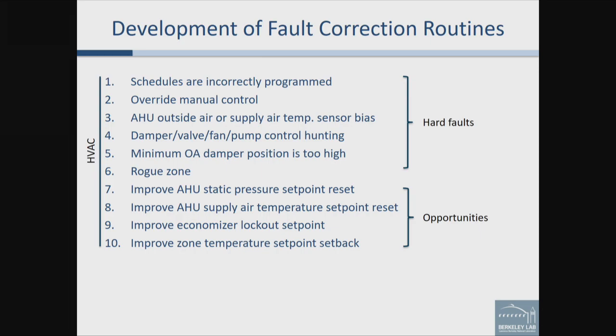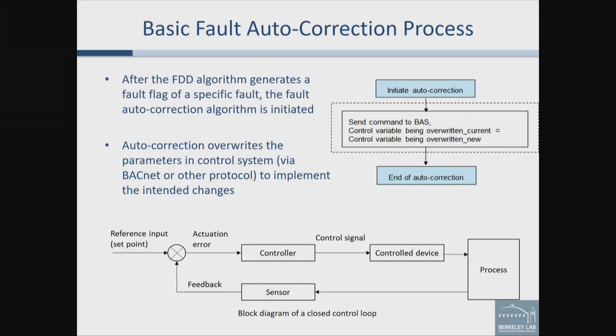And the bottom 4 are opportunities to improve different set points or set point resets. This is the basic fault auto-correction process that we applied to all the 10 routines.